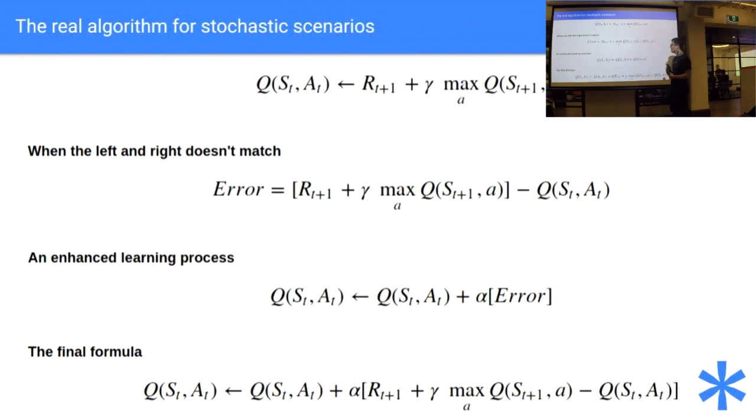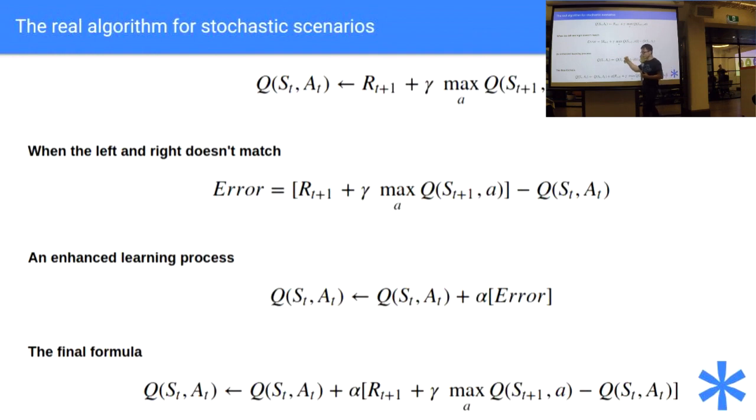The left side of the equation is our current knowledge of the Q value, and the right-hand side is the knowledge we gathered by simply taking an action and experiencing what happened.